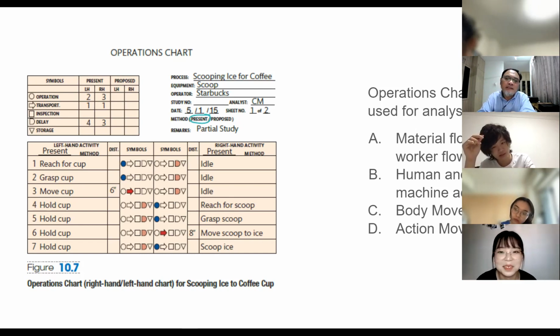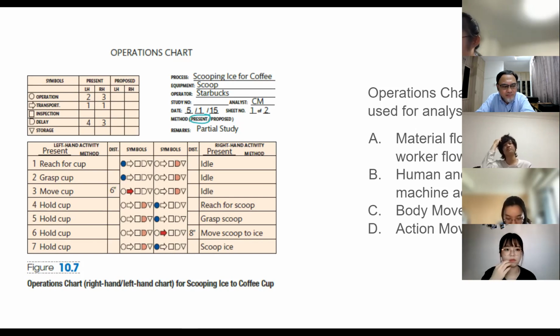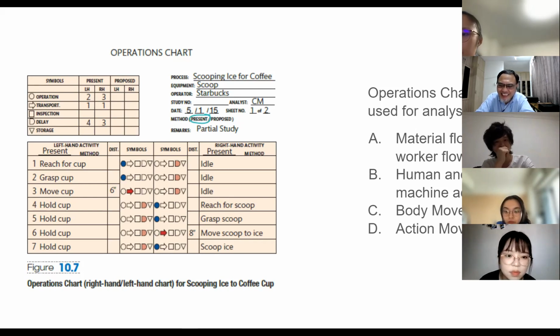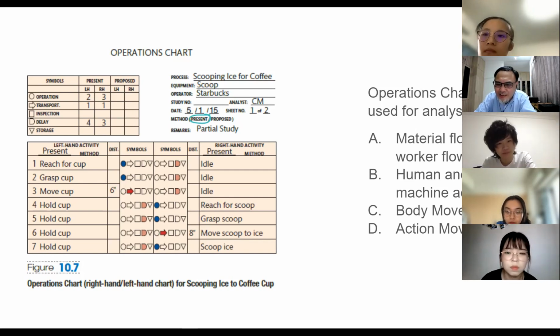Action movement is the activity itself. It has no meaning actually. Action movement is nothing, it's just made up for you to get confused. There's no such thing as action movement.